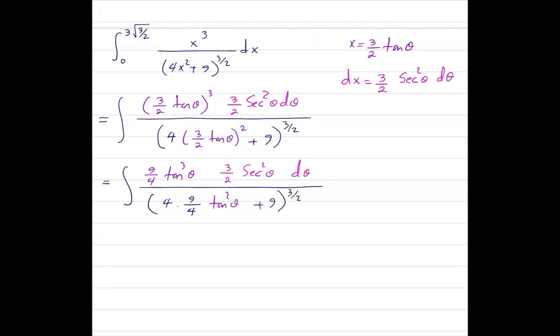So pay attention here. I can get rid of 4 and 4, and then I can factor out 9 as well. So that's why we select 3/2 tangent theta.